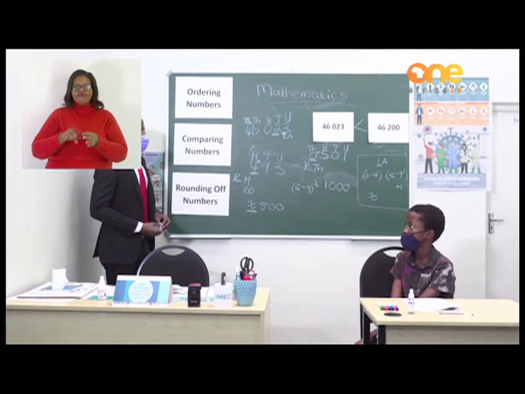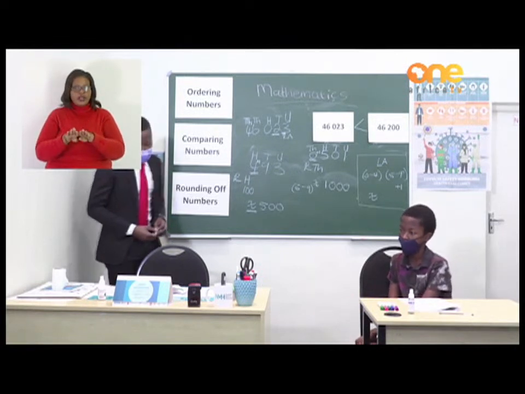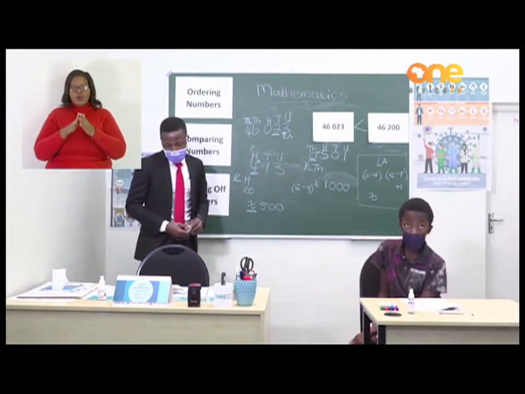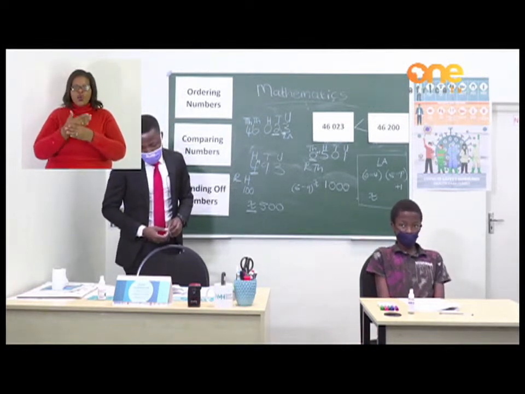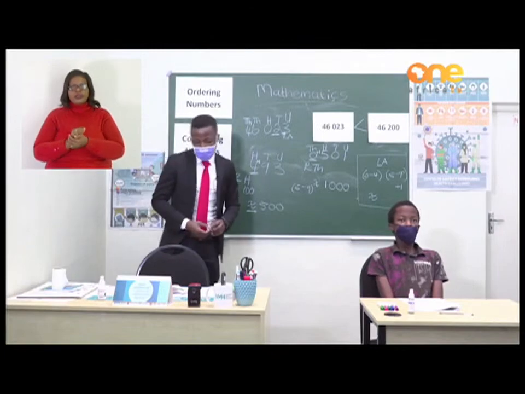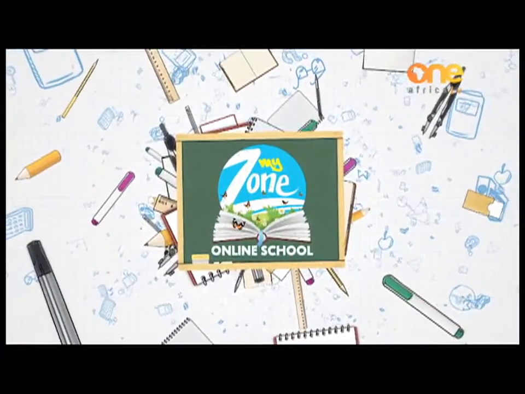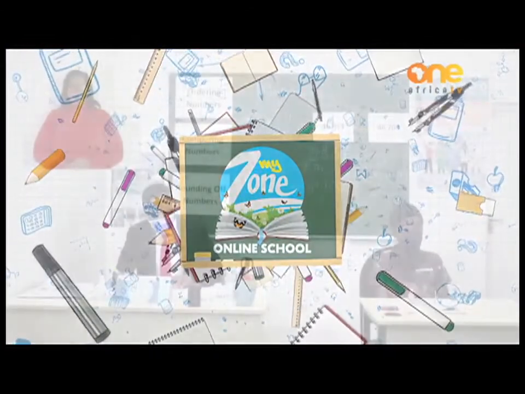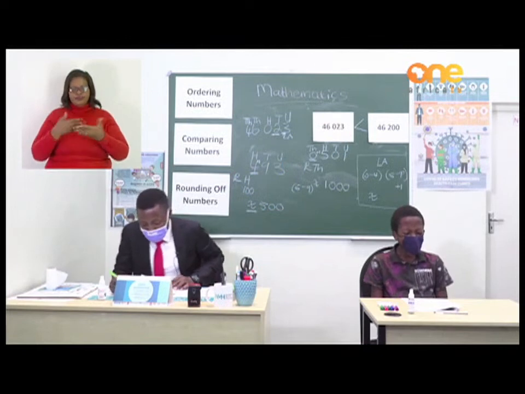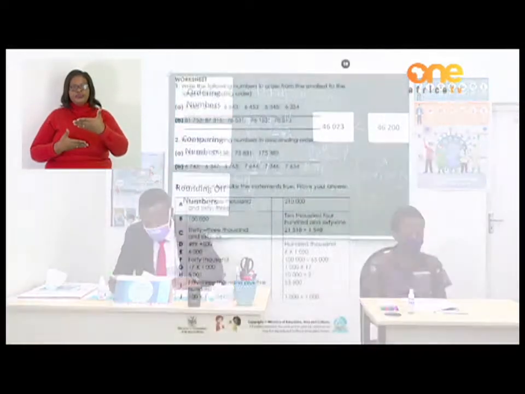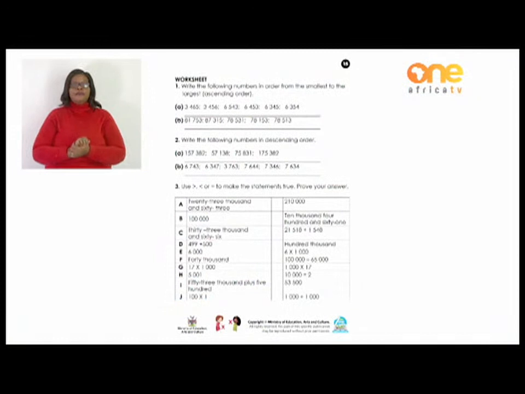Now we need to go back to our worksheet in our booklet, so that I can go through with you question by question. Okay, we are now going to do the worksheet on page 15, which has to end on page 16.